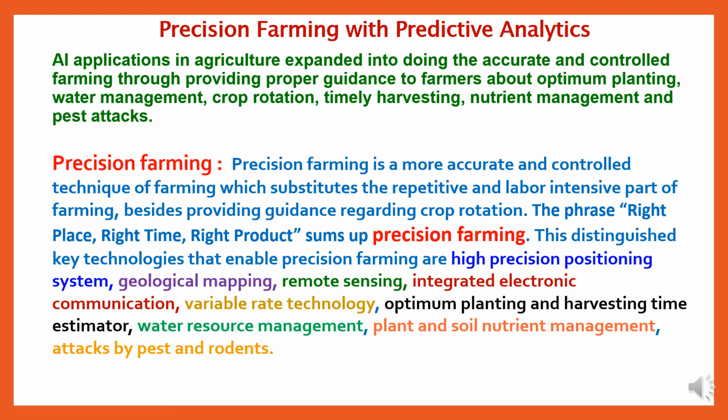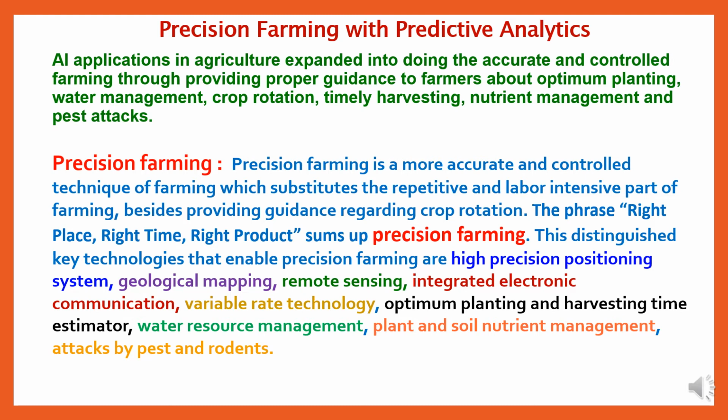What is precision farming? Precision farming is a more accurate and controlled technique of farming which substitutes the repetitive and labor-intensive part of farming besides providing guidance regarding crop rotation. The phrase "right place, right time, right product" sums up precision farming.